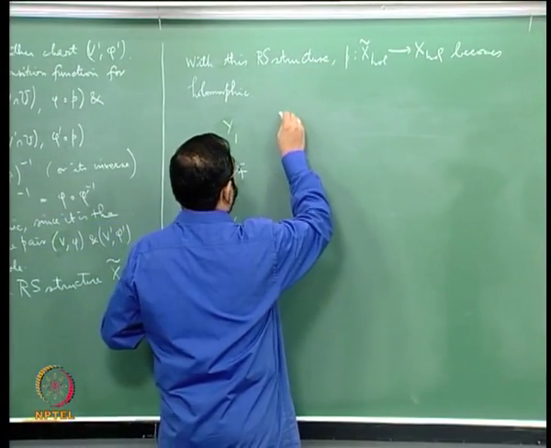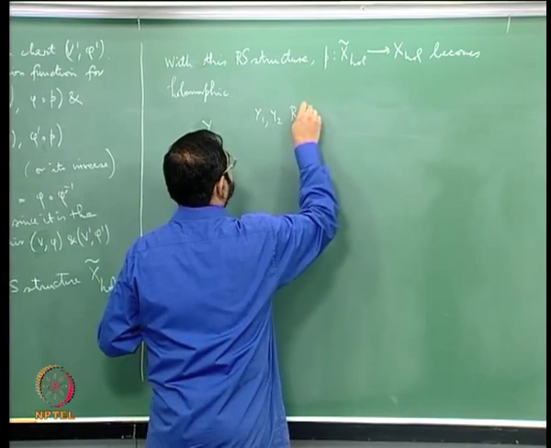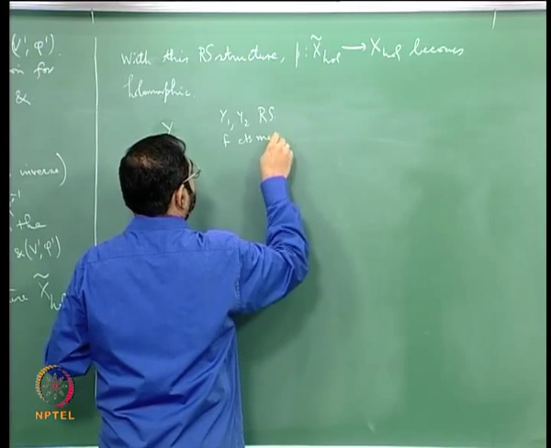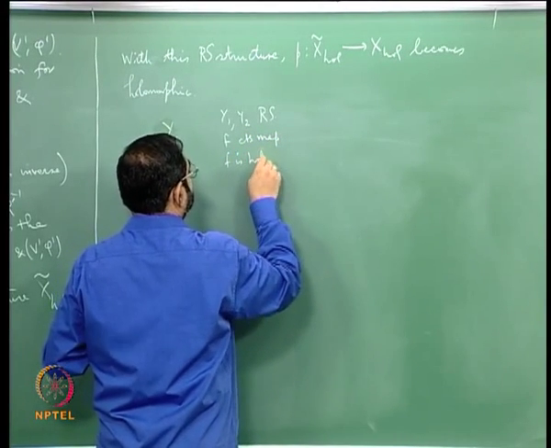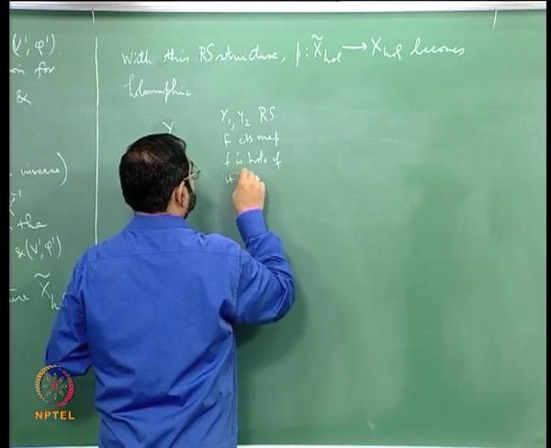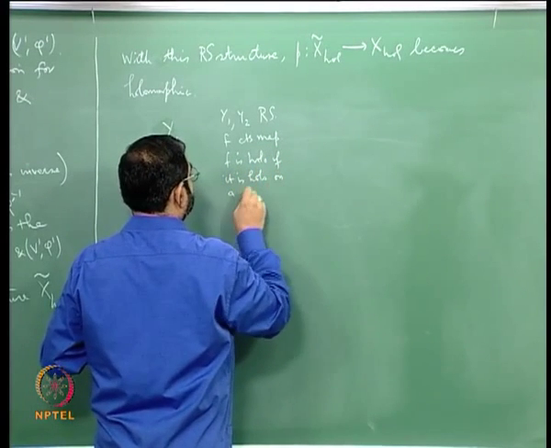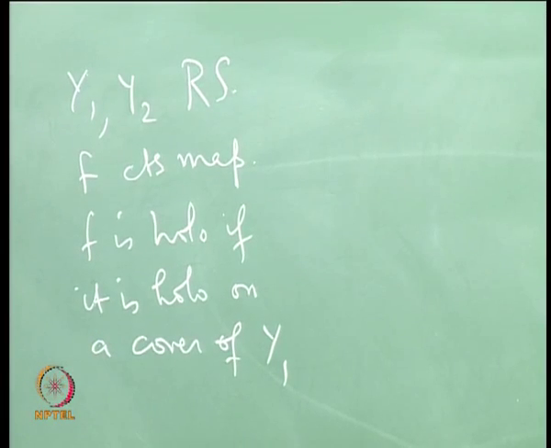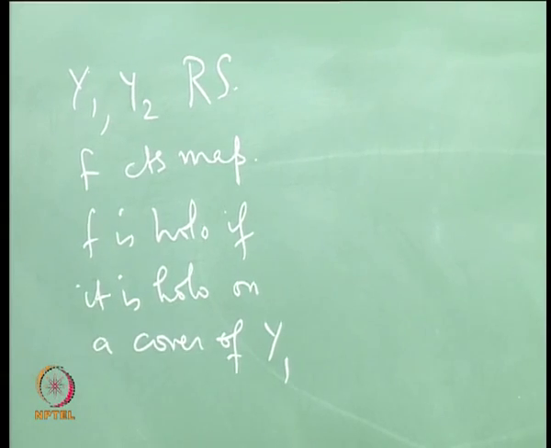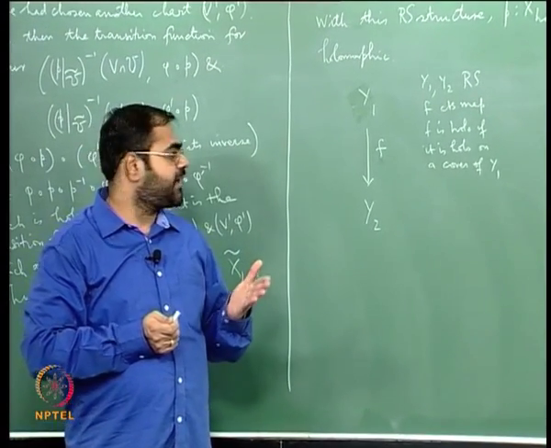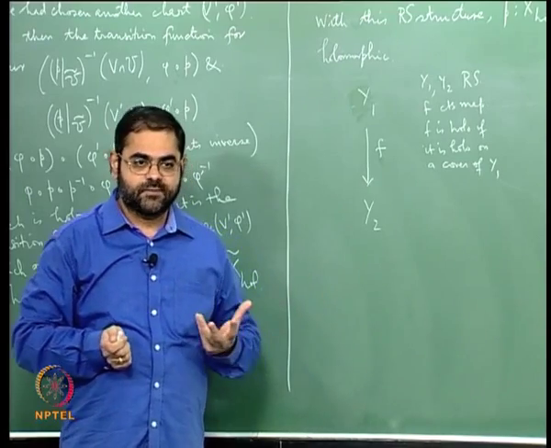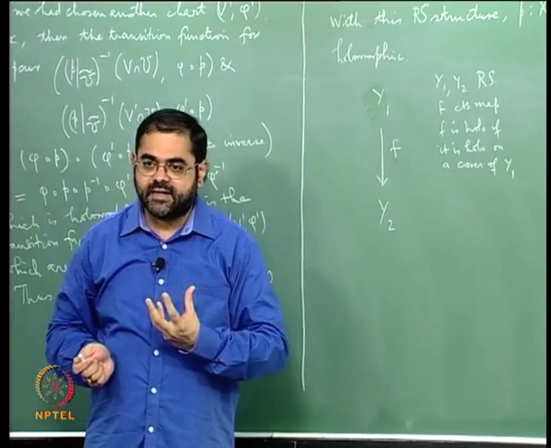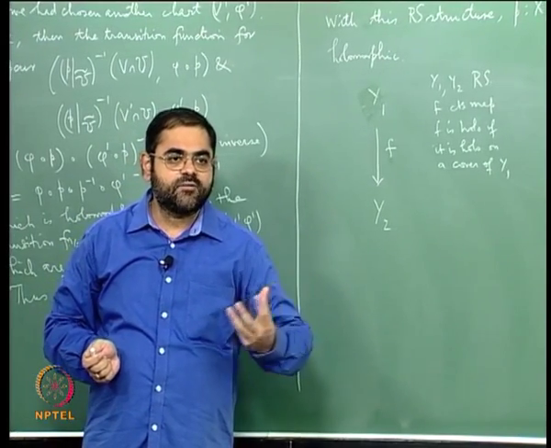So y1 comma y2 Riemann surfaces, F a continuous map, F is holomorphic if it is holomorphic on a cover of y1, okay. To check properties like continuity, differentiability, etc., nice properties, it's enough to check them on a cover, okay, if you want to check them on the whole space, alright. So if I want to check a map is holomorphic, I can check that it is holomorphic with respect to an open covering.